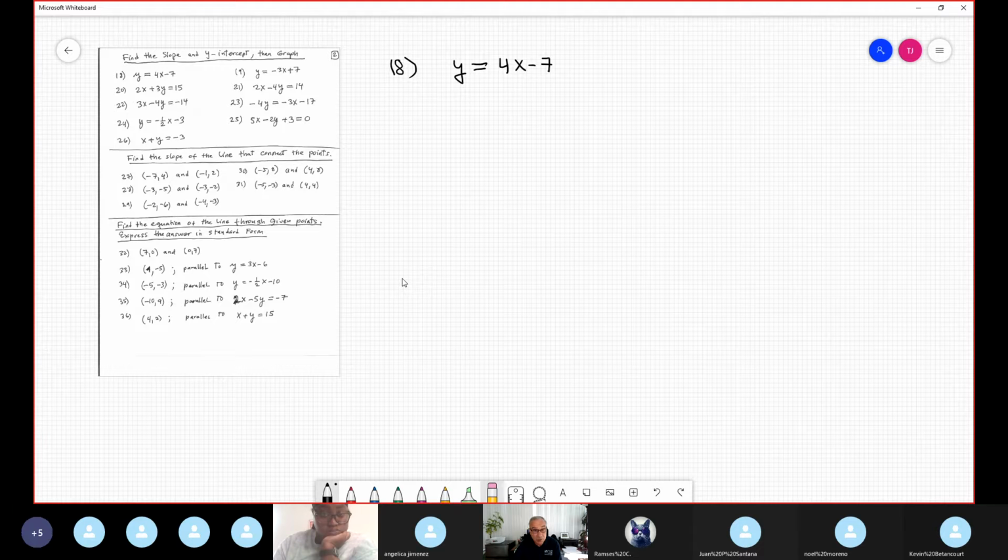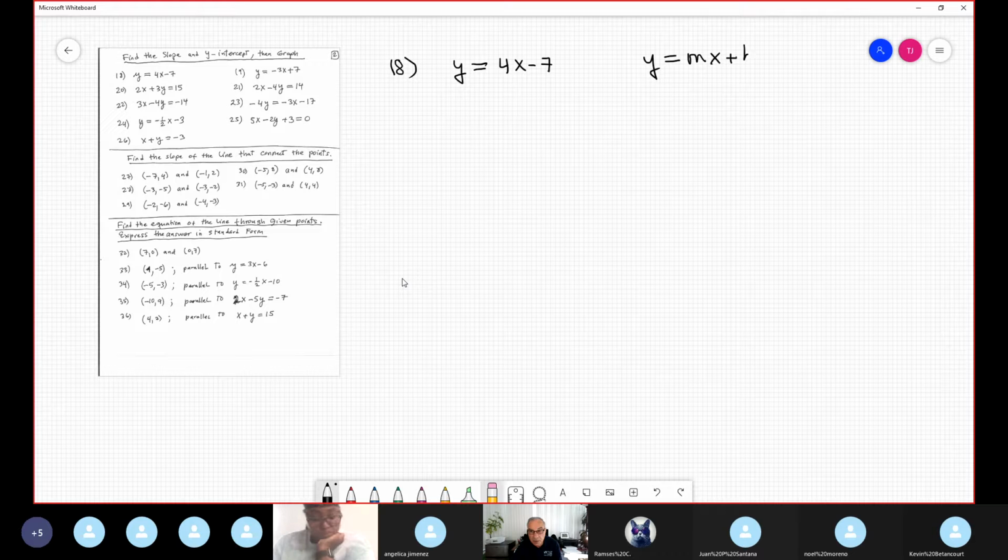In my opinion, there are many ways to do that. However, the easy way is to manipulate the given equation and express it in slope-intercept form. Remember, slope-intercept form is y = mx + b.